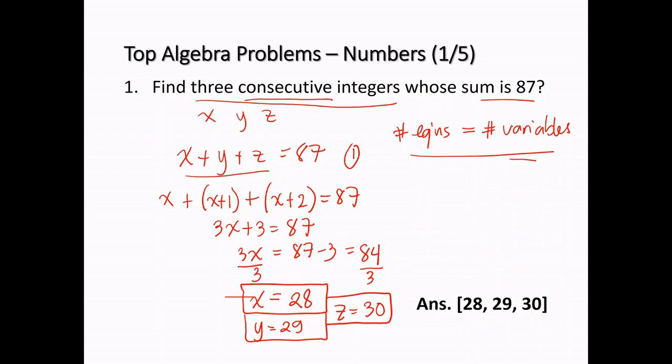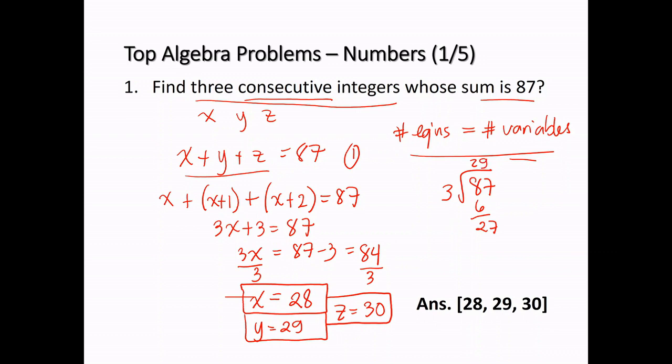Another way to solve this is by dividing 87. It's an informal way of solving: you divide 87 by 3. 3 times 2 is 6, and then you have 27. Take note, 27 divided by 3 is 9, so the result is 29.